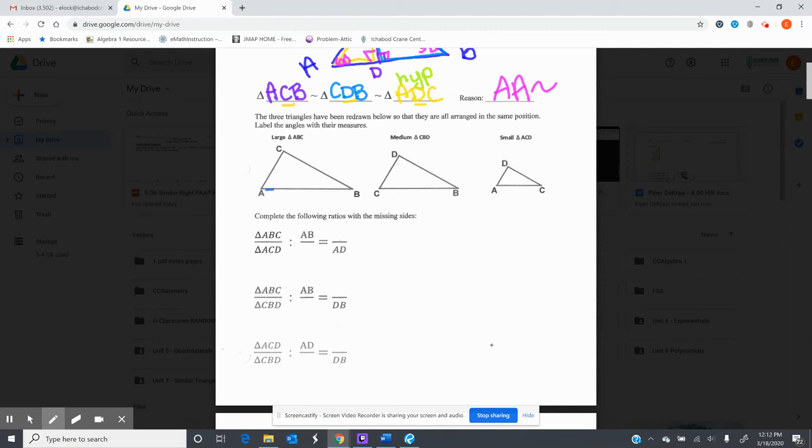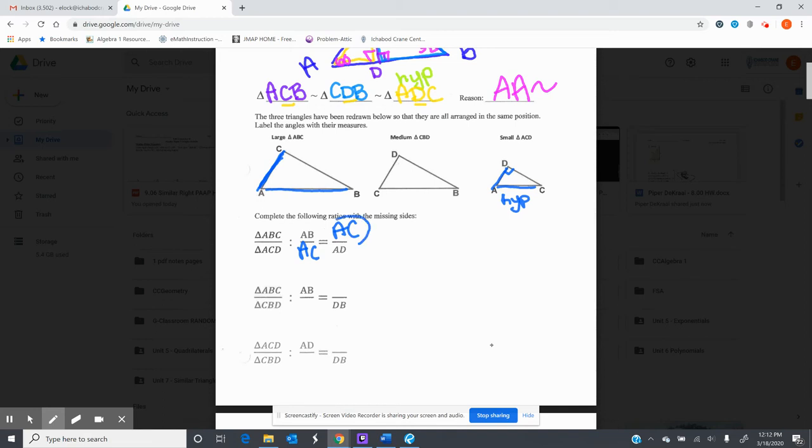Let's look at the hypotenuse AB compares to its side AC. And if we go to the small one, the hypotenuse here, since D is the right angle, remember AC is the hypotenuse technically, in that smaller triangle, is to its corresponding side to AC from the first one, which is AD.